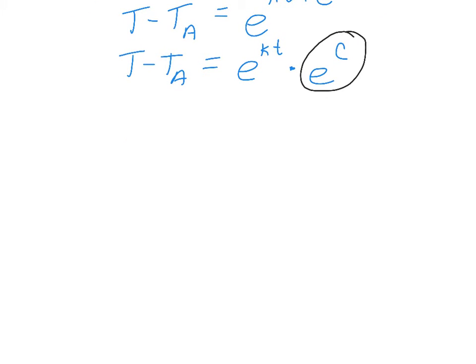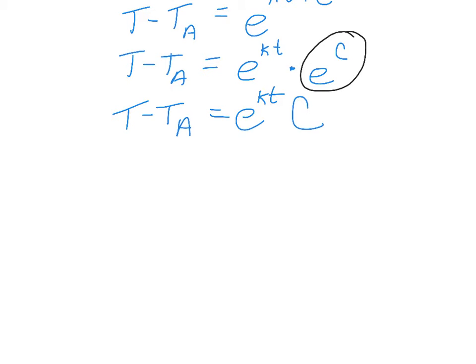Now we got a couple of things to do here. We need to solve for C, so I'm just going to rewrite this with our C here: e to the kt times C. And we're going to basically figure out what C is at this time.